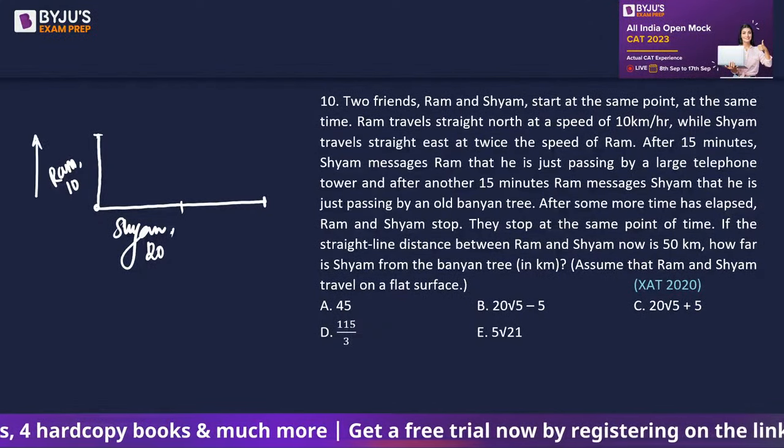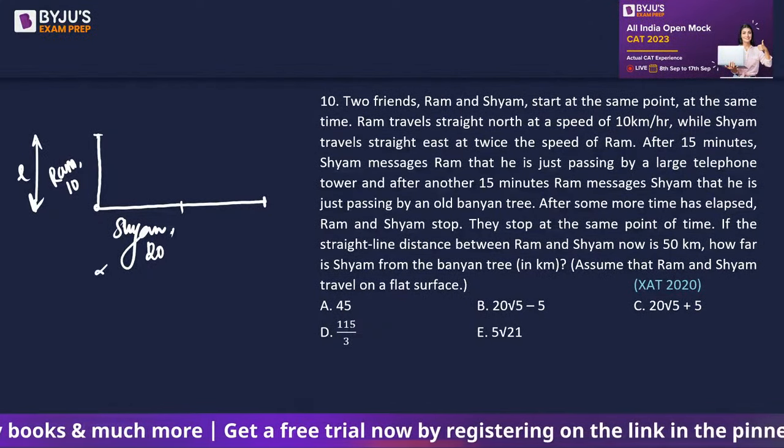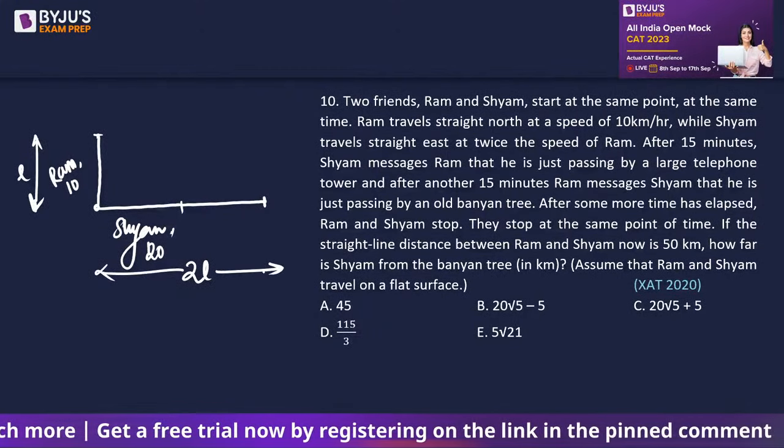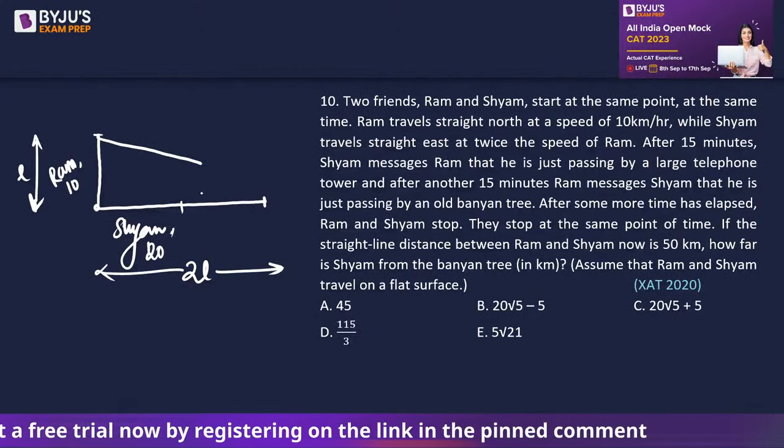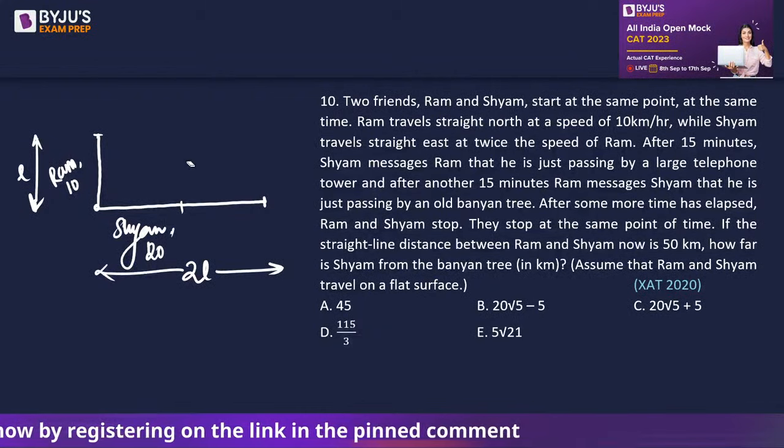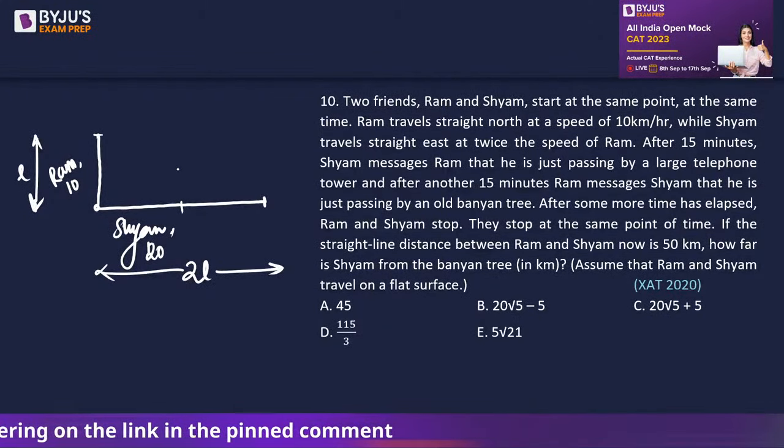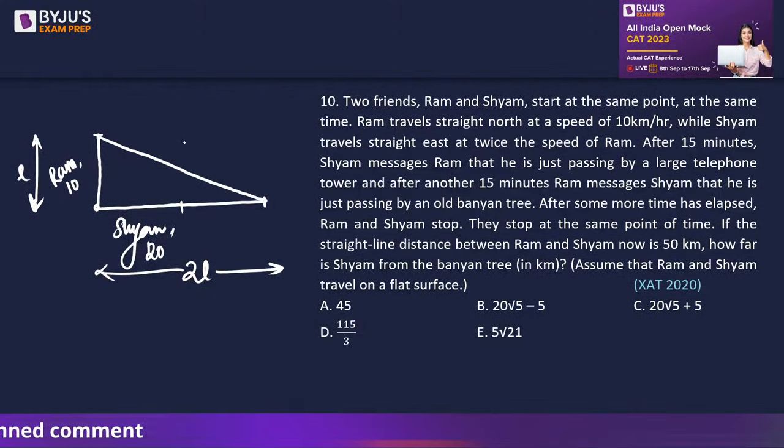As in, if Ram has covered L distance, Shyam would have covered 2L distance, such that the meeting point, when we join their end points using a straight line, this turns out to be 50 kilometers, right? So what is going to be L?